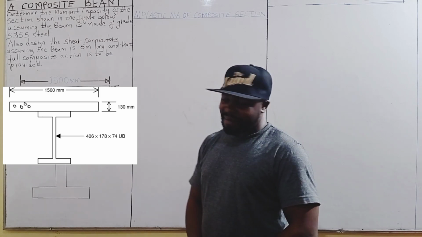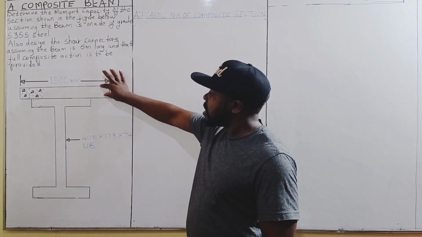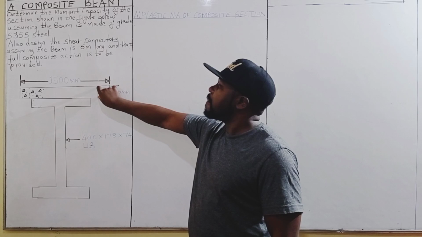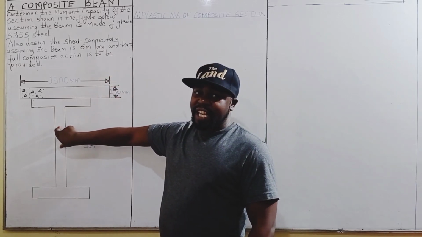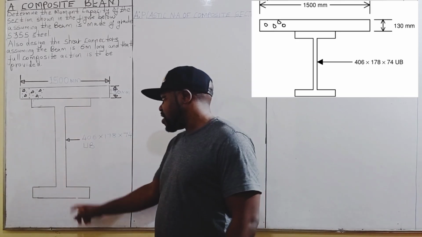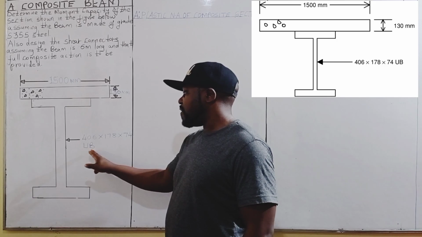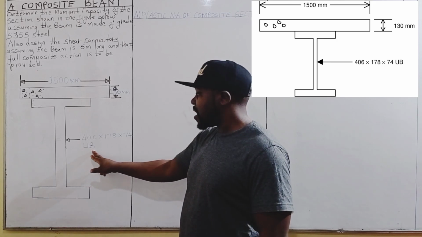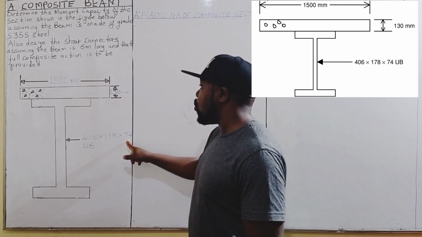be provided. So we have a composite beam section with a concrete flange and a steel beam section in the form of an I section. The serial size of the steel section, that is the universal beam section, is 406 by 178 by 74.